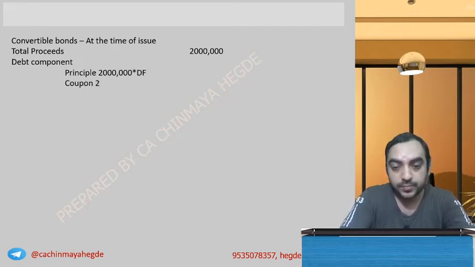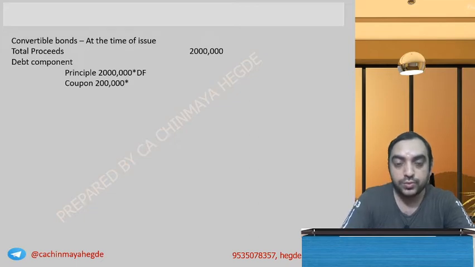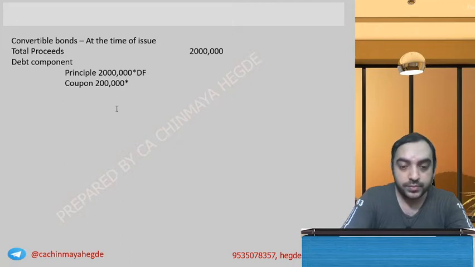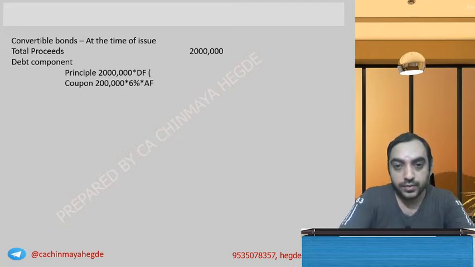Coupon payment 2 lakh into the annuity factor at the rate of 9% for 3 years.